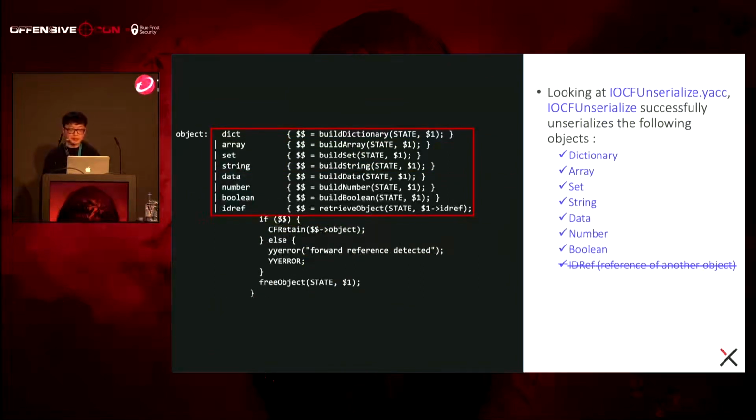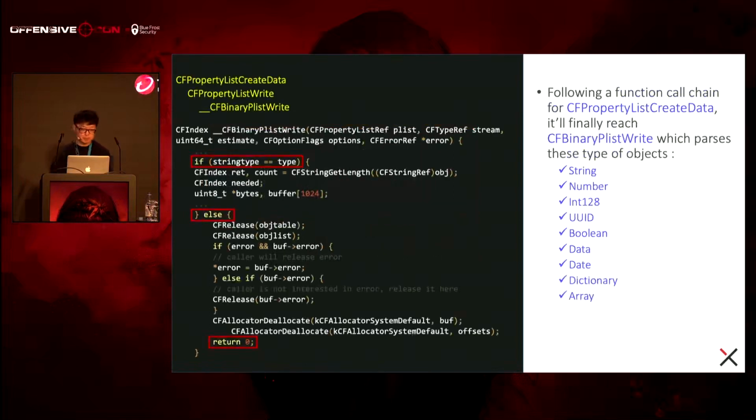So looking at the deserialization of IOCF unserialize, you can see that it deserializes several types of core foundation objects. But you can also notice that it's not fully inclusive, meaning that it only includes a subset of the core foundation objects. Now this is the function CF property list create data.